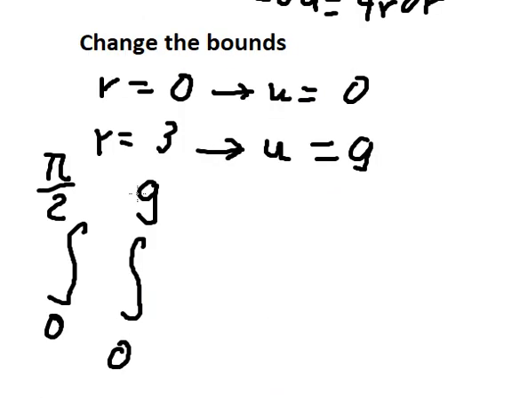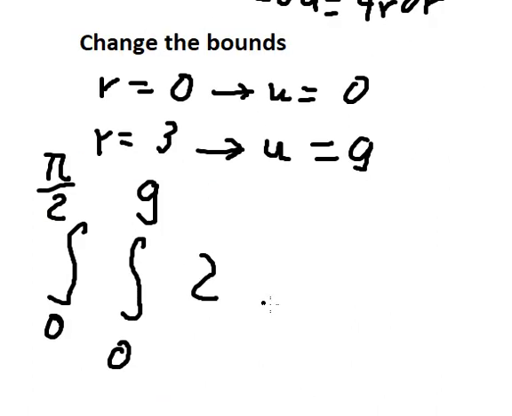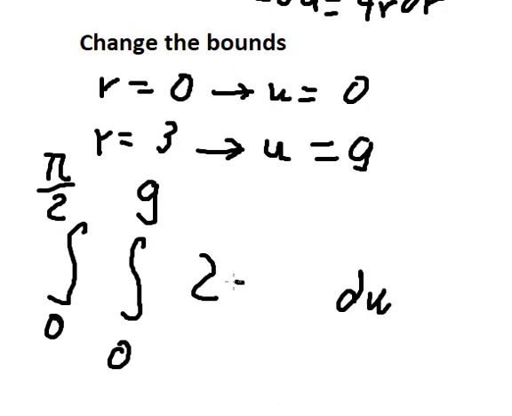So 3 we change to 9. For r dr we change to 2 du. r squared we change to u.